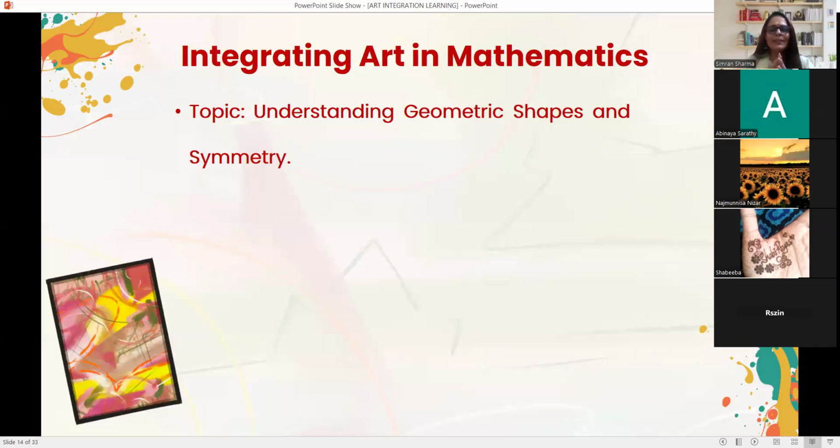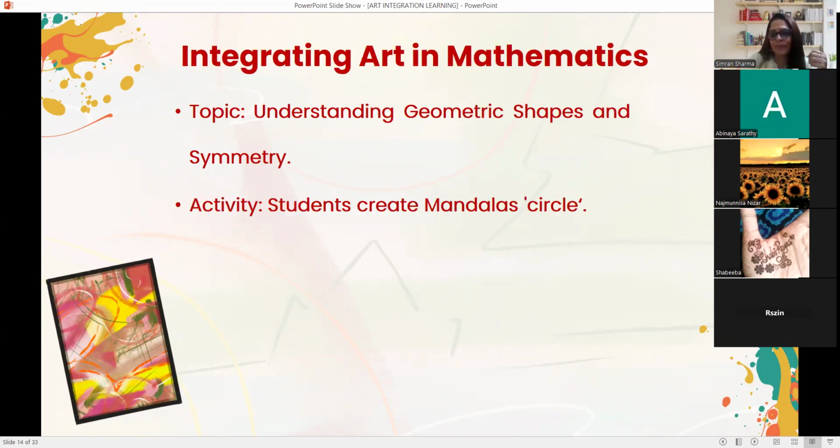Maths itself is a subject which some of our students, those who like it, like very much. But some will find it a little difficult, or they are reluctant to engage in maths activities or equations. So let's say the topic is understanding geometric shapes and symmetry.